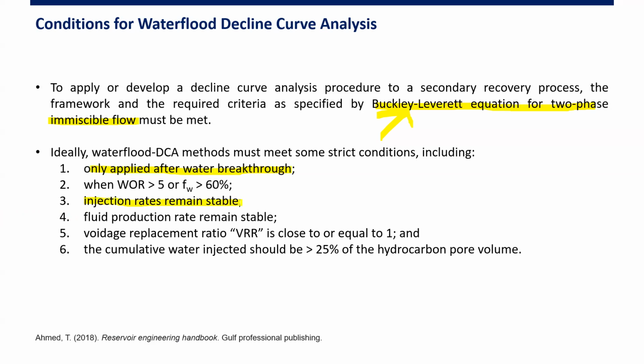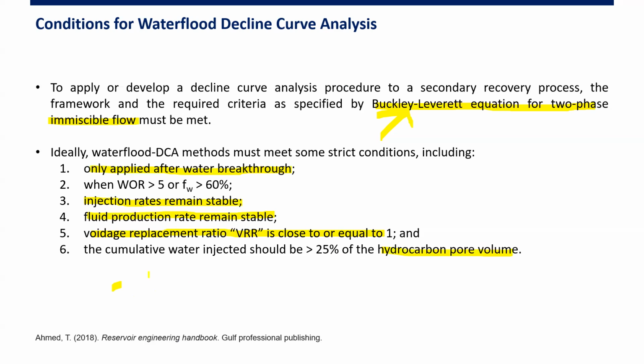And this is very important. Injection rates remain stable. Fluid production rate remains stable. Okay. Voidage replacement ratio, VRR, is close to or equal to 1, unity. And the cumulative water injected should be greater than 25% of the hydrocarbon pore volume.